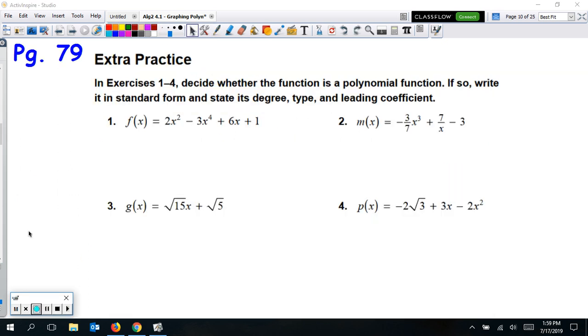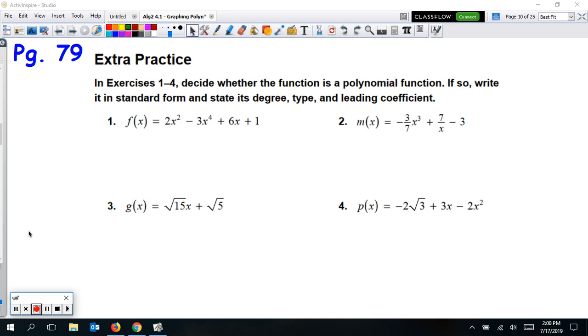Okay, so now on page 79, our extra practice. These first 4 problems are asking us to decide, first of all, whether the function in front of us is a polynomial function. So that's going to be a yes or no question. And then if it is yes, then we're going to continue on and write it in standard form, which would be descending order, like the song was saying.